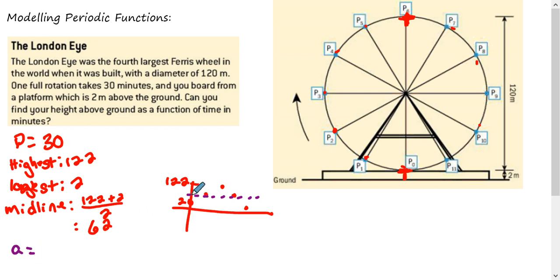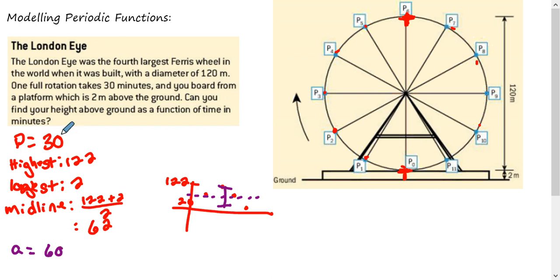From your midline 62 down to your min of 2, that's a distance of 60. Or from 62 up to 122, that's 60. Or you can subtract 122 minus 2, that's 120, the total distance, and then cut that in half. There are a lot of options, but once you find that midline, you can very quickly find your A value.